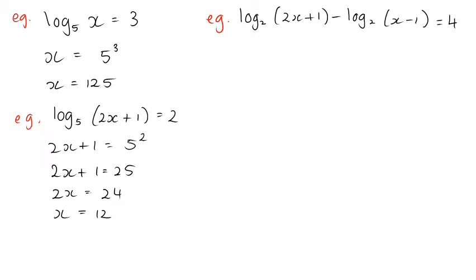So we can change it into log base 2 of the first one divided by the second one, so 2x plus 1 over x minus 1, equals 4. Right, our log 2, take it over. Your base is 2, raise the 4 up.